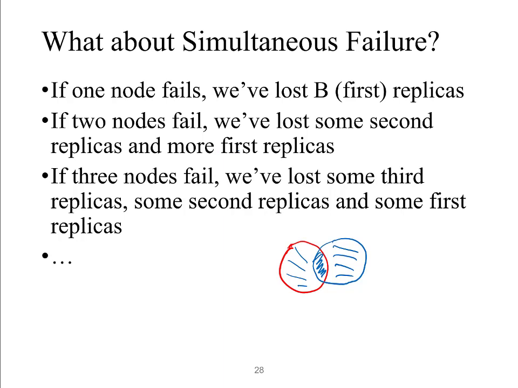And if 3 nodes fail, it's pretty clear that you are going to lose some third replicas, some second replicas, and some first replicas. That is the basic idea of simultaneous failure. Let's try to model this.